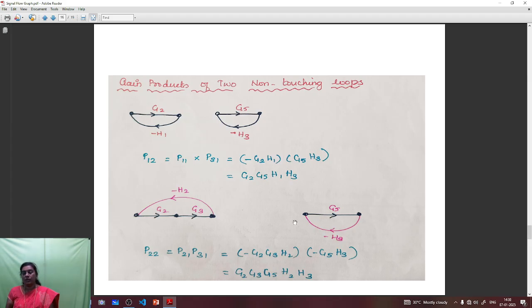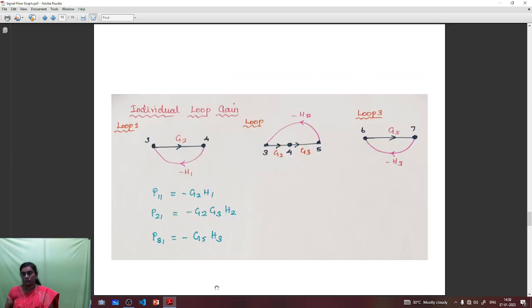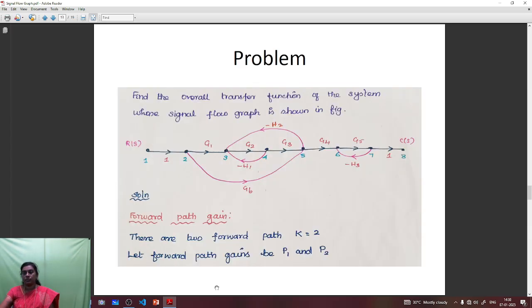Then we have to find the gain product of two non-touching loops. See here, this is one loop and this is another loop. These two loops are non-touching each other.